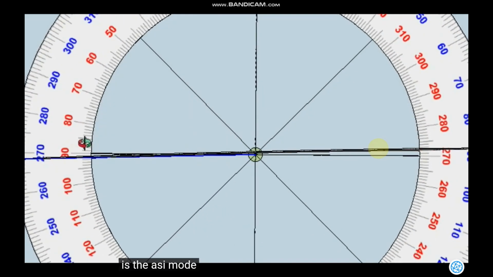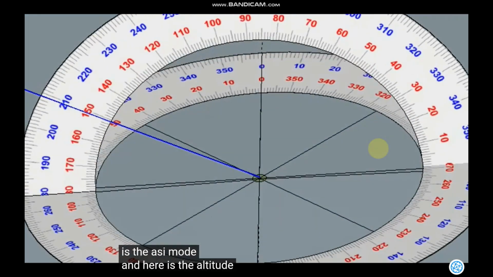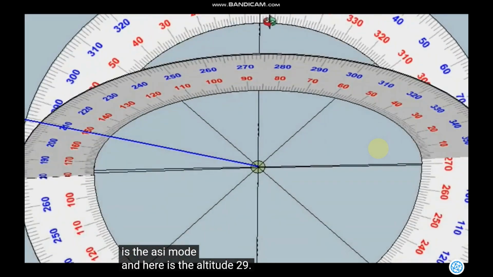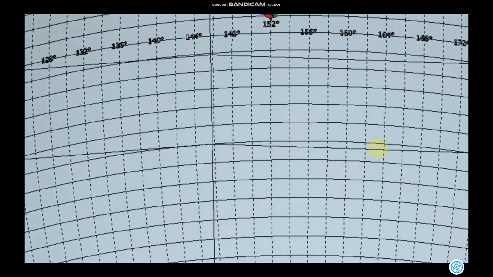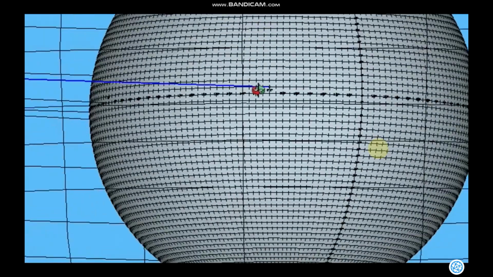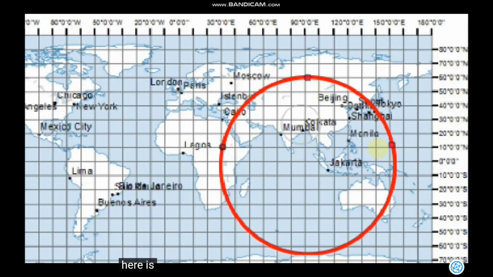Here is the azimuth, and here is the altitude, 29. Here is the circle of equal altitude.